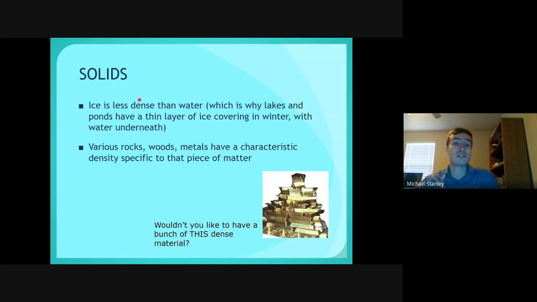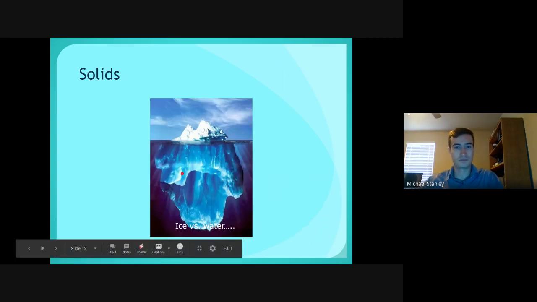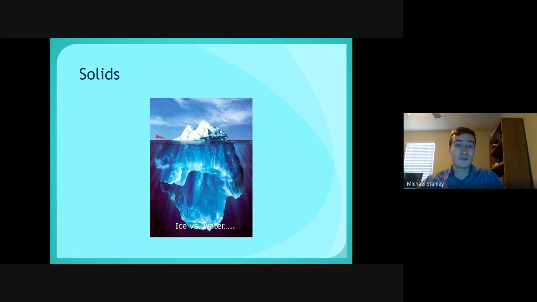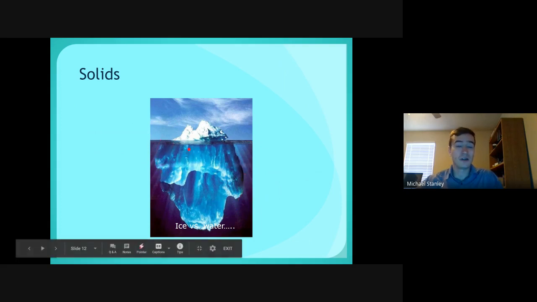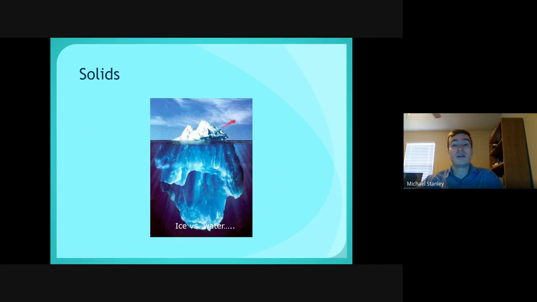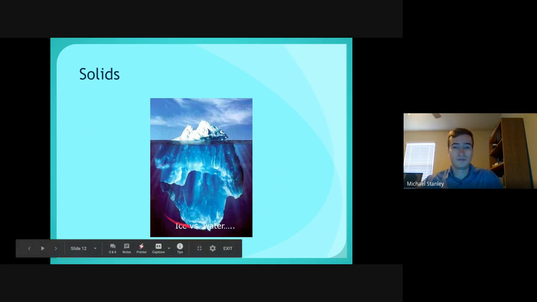Because when the ice freezes, it floats on top of the water. So even though this iceberg is huge and ginormous, it still floats in the water because ice, solid water, is less dense than liquid ocean water.